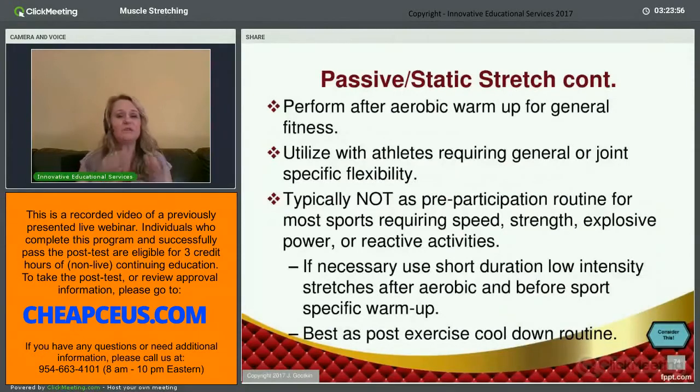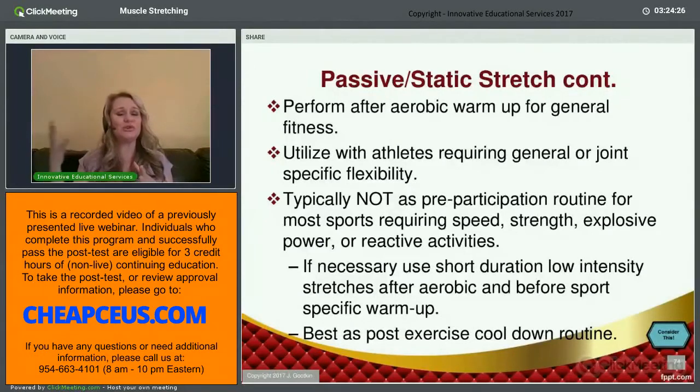For passive stretching, generally the person does some type of aerobic warm-up first. So let's say they're coming in the clinic and you are going to be stretching their lower extremity, maybe you have them on the bike first. Or if you're going to be stretching their shoulder and elbow, maybe they're on the UBE first. A little bit of a warm-up first for general fitness, and then go into your static stretching in your therapy session.